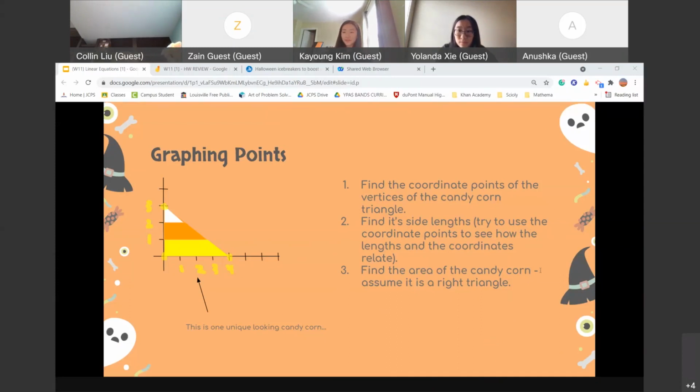I'm seeing some good answers. Are we just doing two side lengths, or do we do the hypotenuse as well? You can do the hypotenuse if you want. You should probably know it since you did the triangle, but you don't have to.